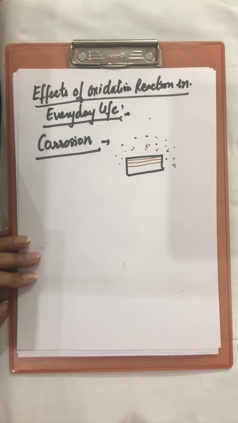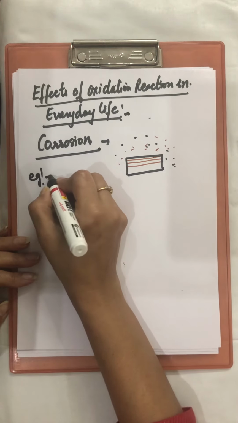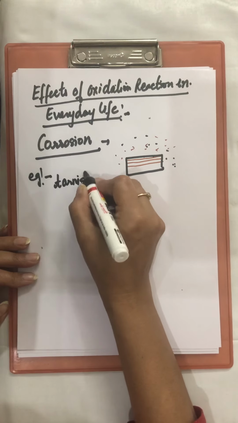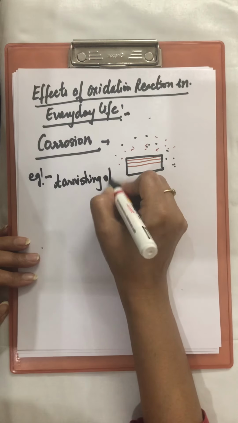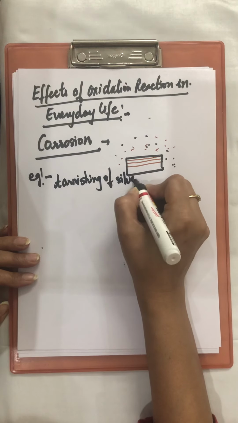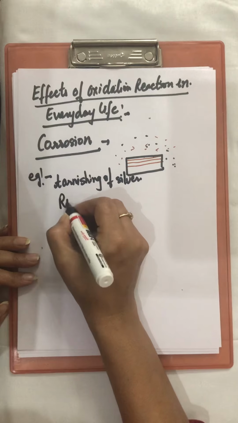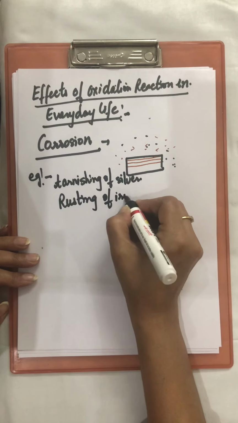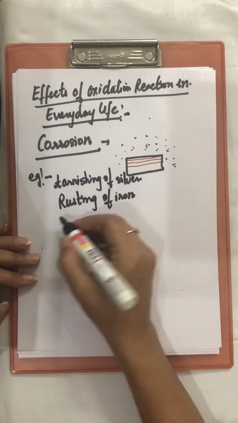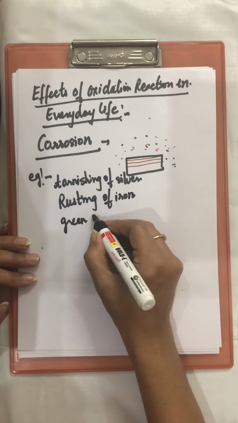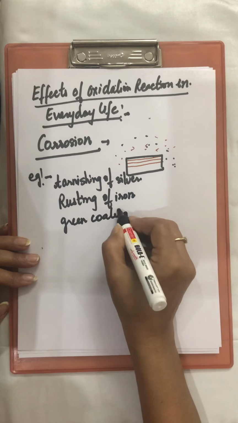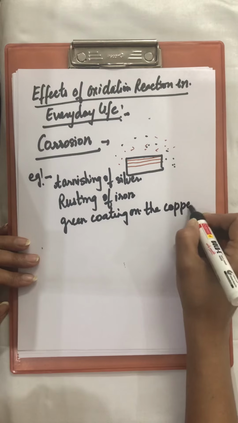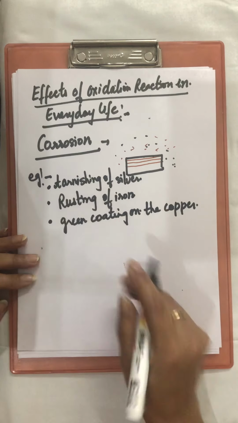Some examples of corrosion are tarnishing of silver, rusting of iron, and the green coating on copper.